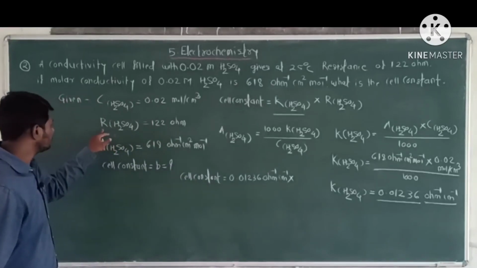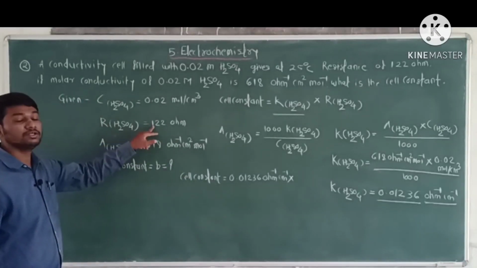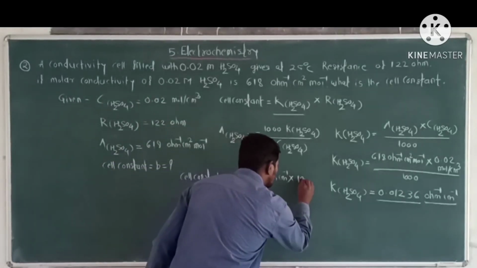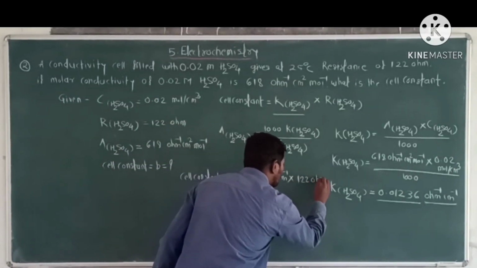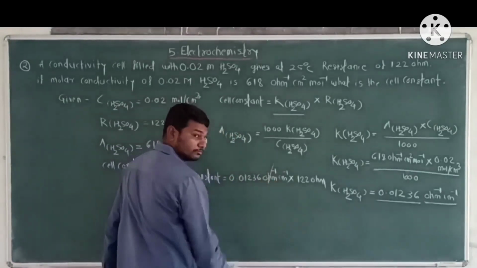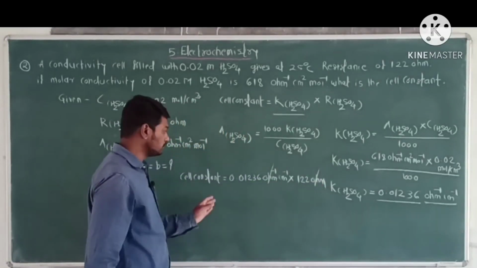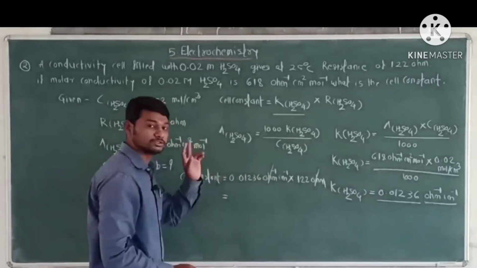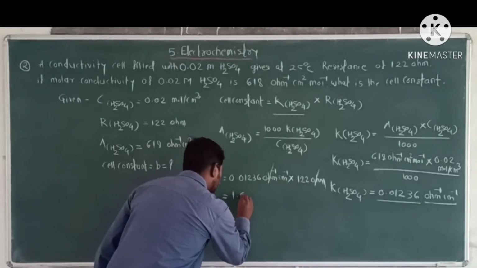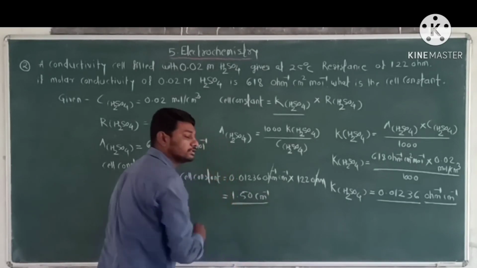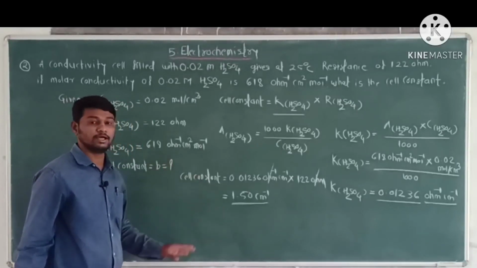Here the resistance of sulfuric acid is 122 ohm. Okay. Solve this equation. Per ohm gets cancelled, multiply these two values and get the final answer, that is the cell constant is 1.50 per centimeter. This is the cell constant and final answer.